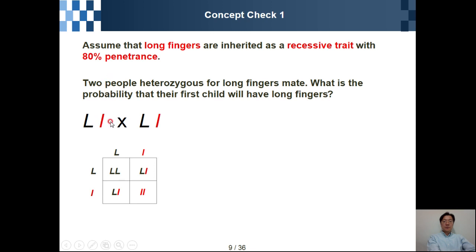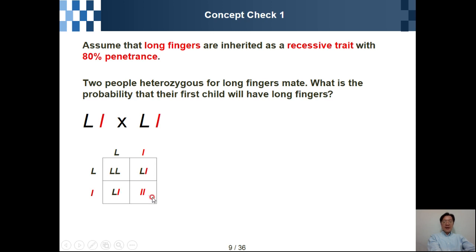So the two people are both heterozygous, large L, small l. After they mate, this is the Punnett square. One parent is large L, small l, and the other is also large L, small l. This square is large LL, and this square is large L, small l, and this square is large L, small l.